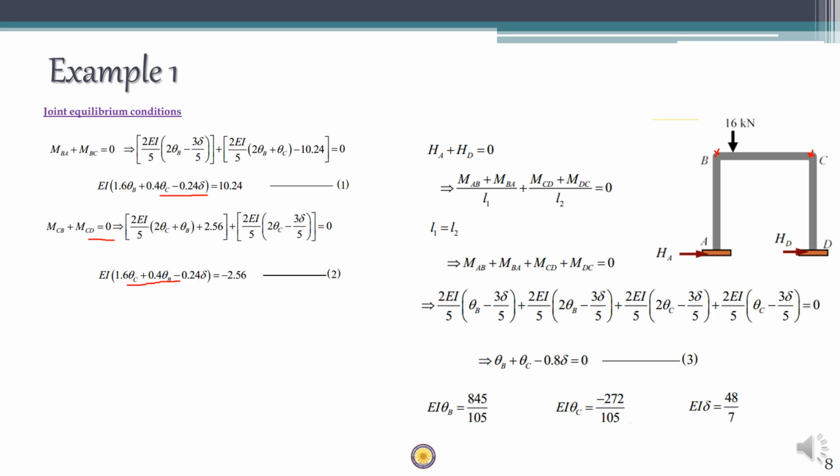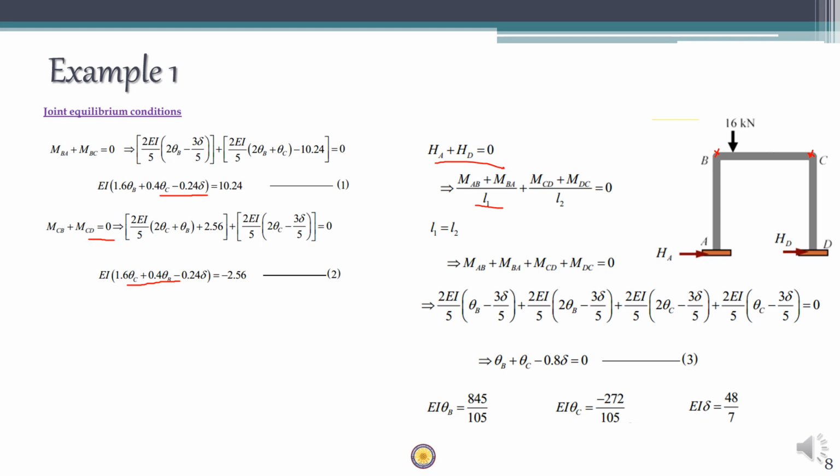Okay, and the last equation we are going to use is HA plus HD equal to 0 in this case, because there is no horizontal force. So HA is nothing but MAB plus MBA by L1, and HD into L is equal to MDC plus MCD, which means that HD is equal to MCD plus MDC by length.